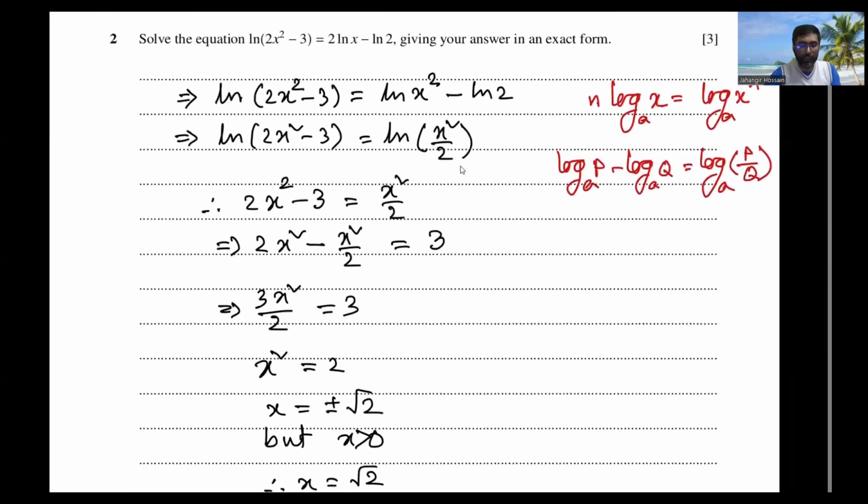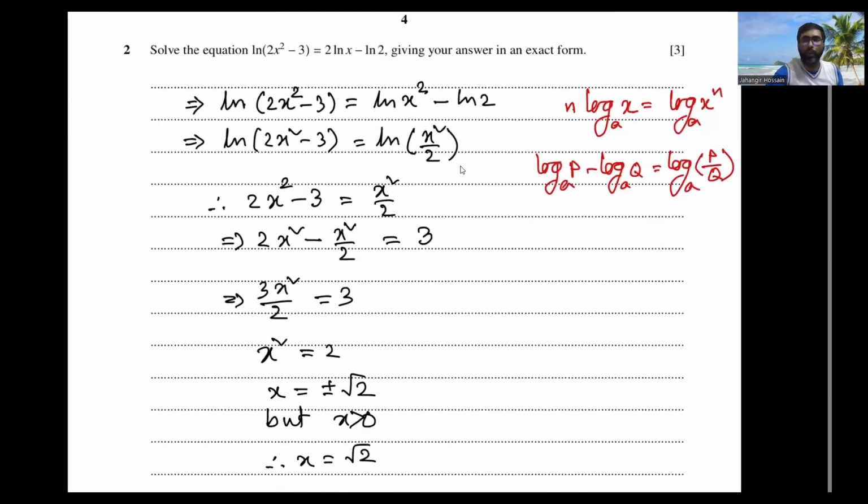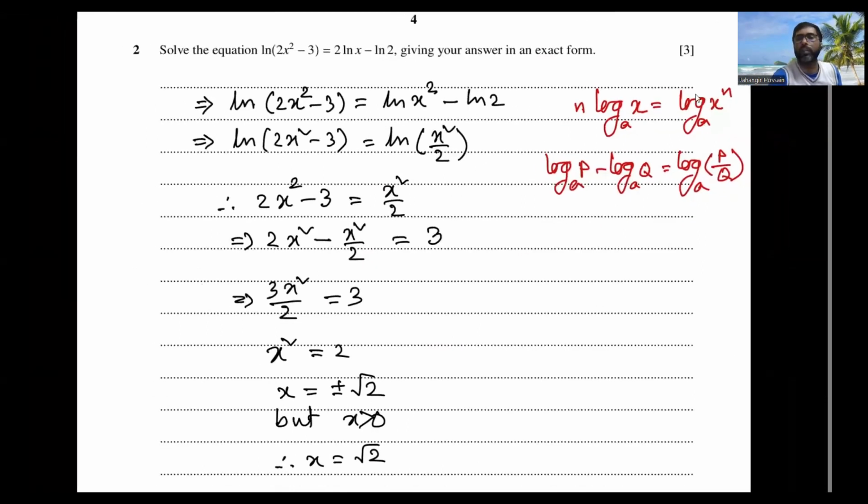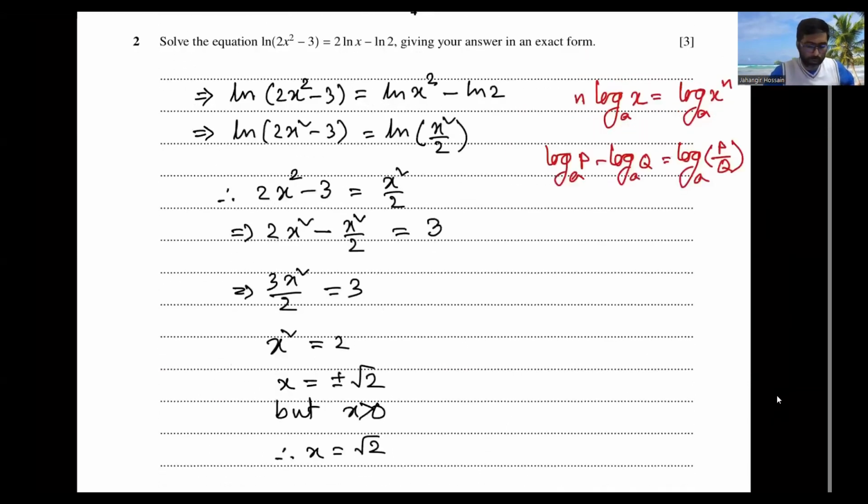That's the exact root of this equation. So that's question number 2. Now let's move on to question number 3.